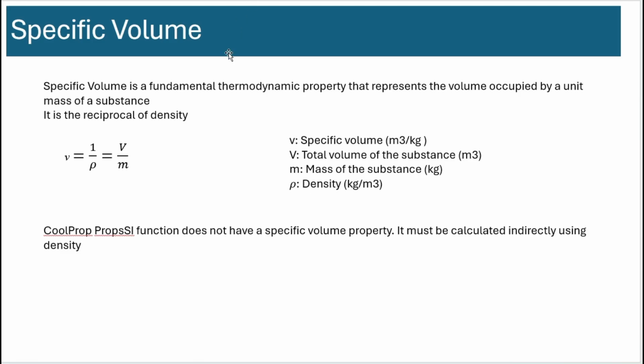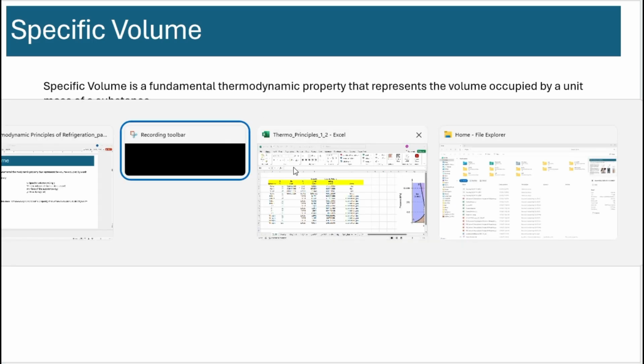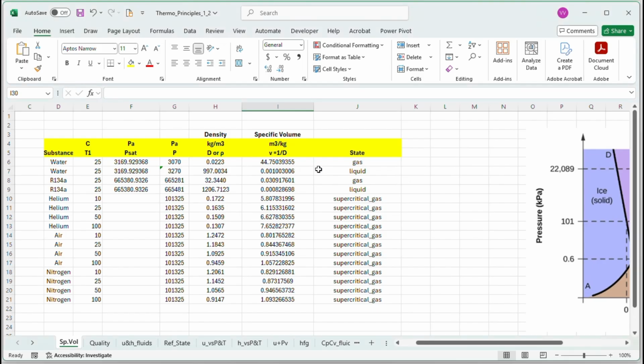Let's start with specific volume. Specific volume is a thermodynamic property that represents the inverse of density, right? And we will try to see how to calculate specific volume using CoolProp's SI. These are the units in SI, and let's open up the Excel file that has been shared with you.